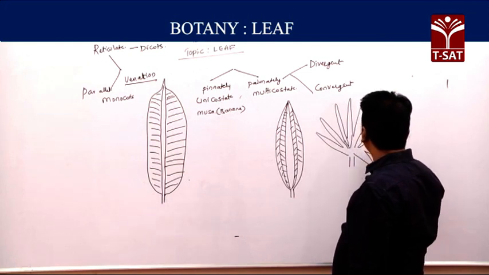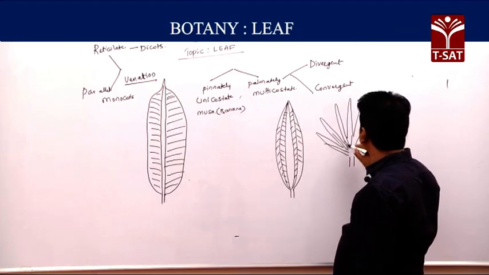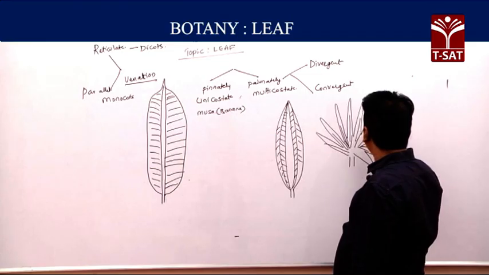So it is called palmately parallel divergent. It is common in palm trees like Borassus.